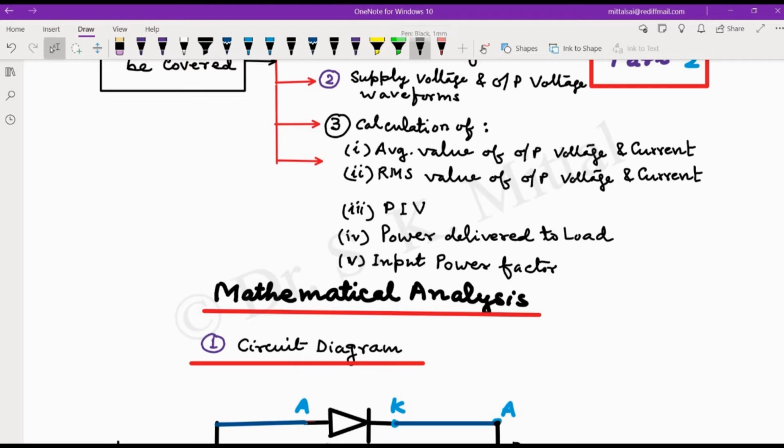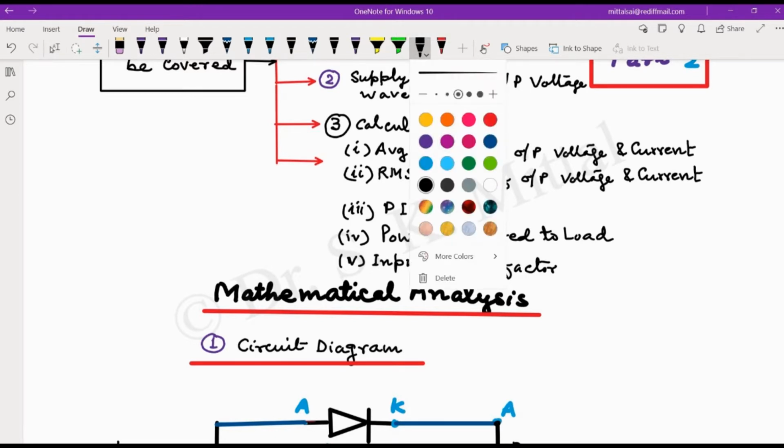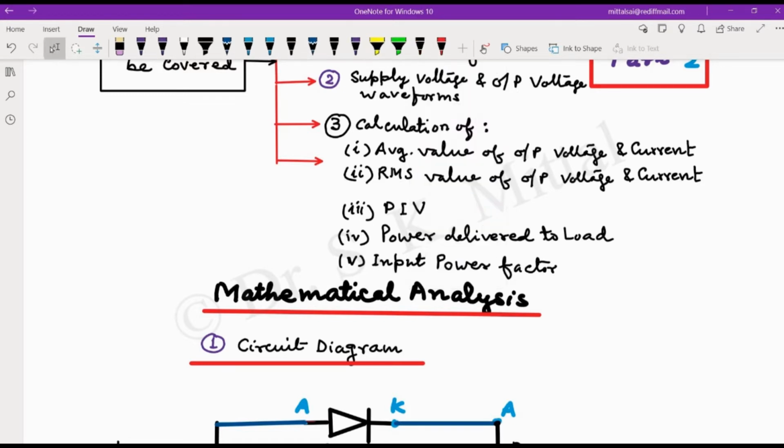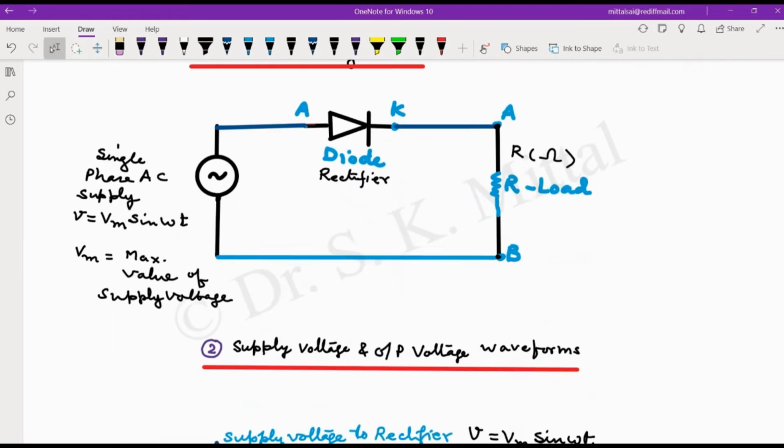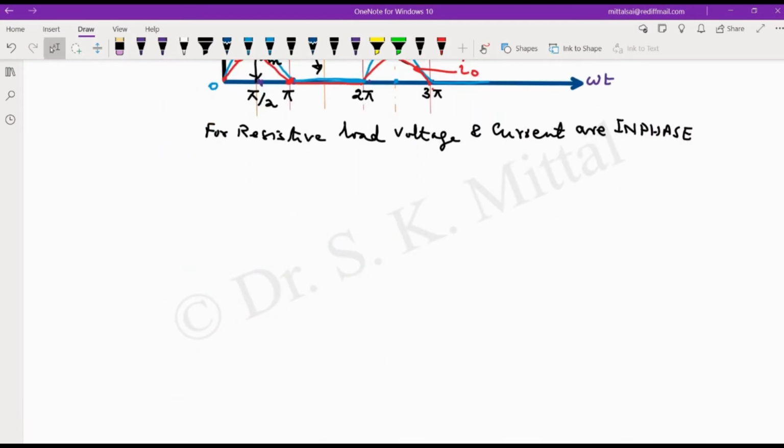The first mathematical calculation is the average value of output voltage. So now first of all we will calculate the average value of output voltage.